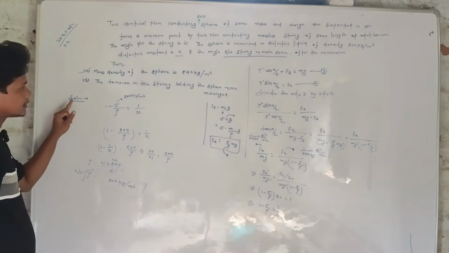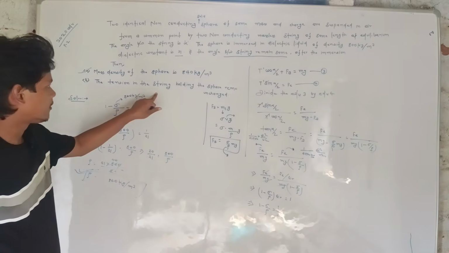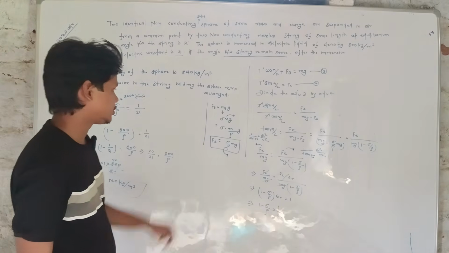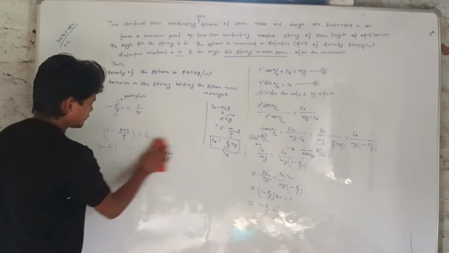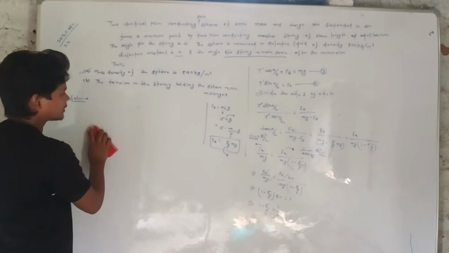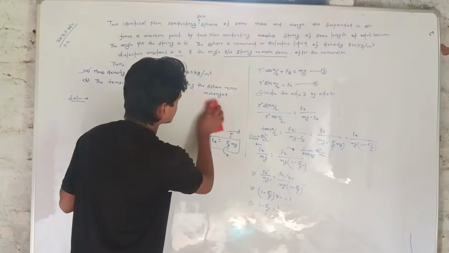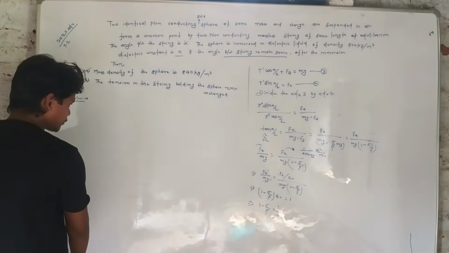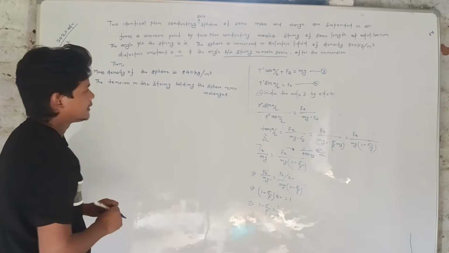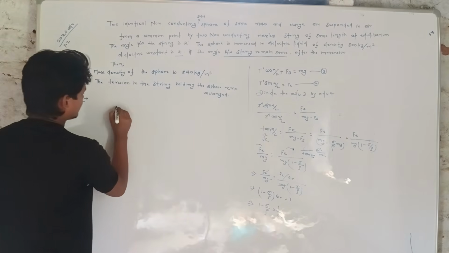Now option B says the tension in the string holding the spheres remains unchanged. This option is incorrect, because if we calculate, it will be changed.